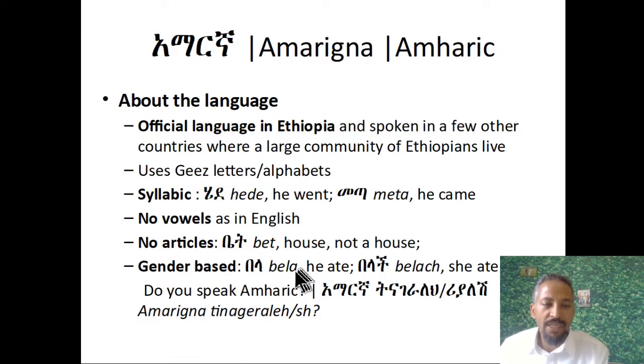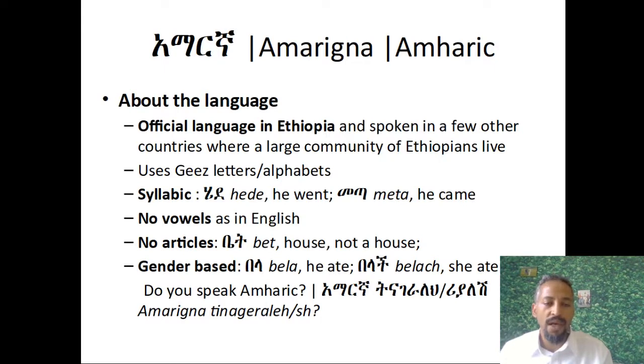What I didn't mention in my previous video was the gender system in the Amharic language. If you are familiar with the French language, the same thing is true in Amharic, so you will find the gender system in Amharic very easy if you have a French language background.